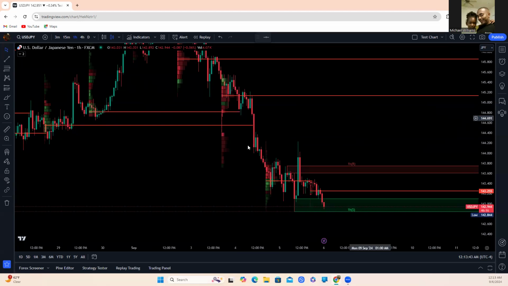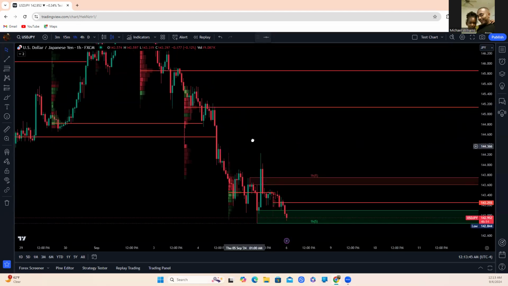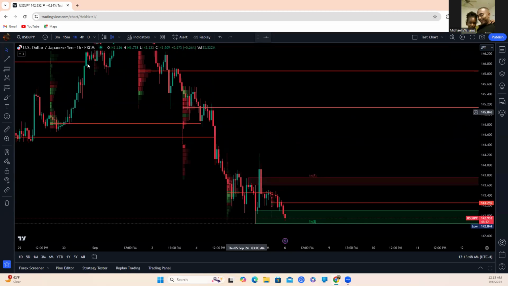Here it is. So what I did was I put the session's volume profile on this chart, and I set the settings to just give me the delta volume along the profile itself.